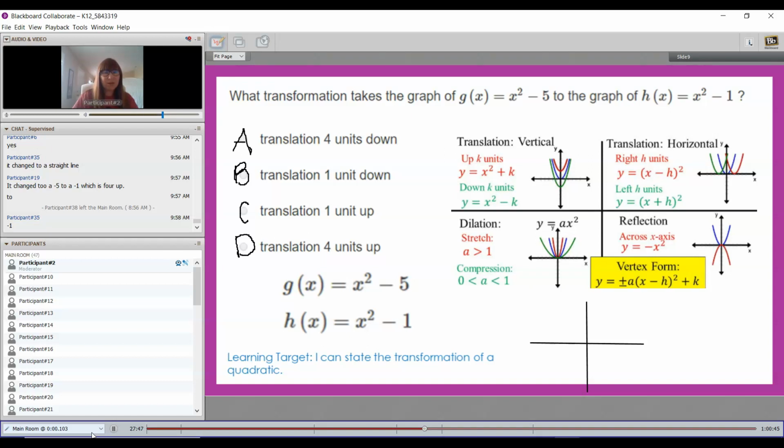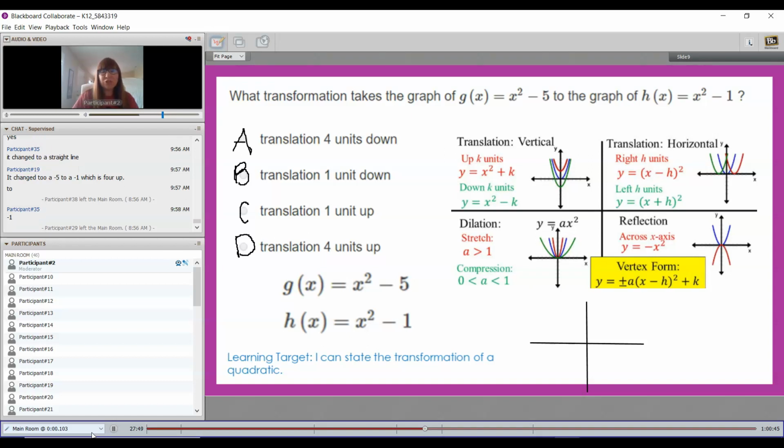The original parent function would be going through the origin. Then we shifted down 5: 1, 2, 3, 4, 5. It shifted down 5 because it was a minus 5. So then it would have looked something like this. Not perfect, but just trying to get a visual here.